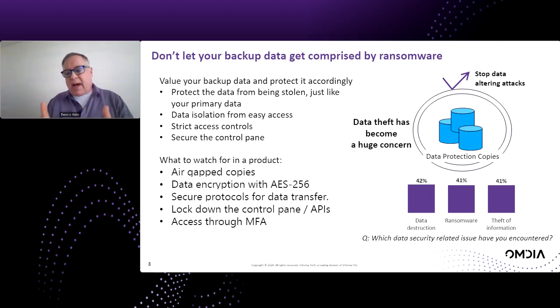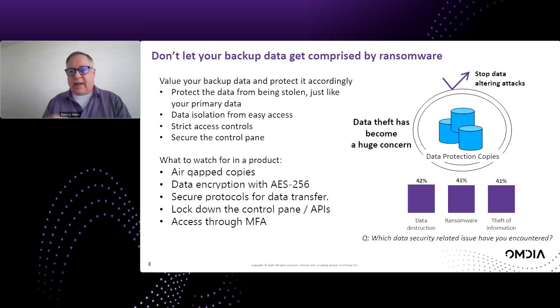And then from the other side of it, make sure you lock down your control planes within your backup. Make sure your APIs are locked down. Make sure the passwords and everything else are sufficient, as described by the backup vendor as to what's strong enough, right?